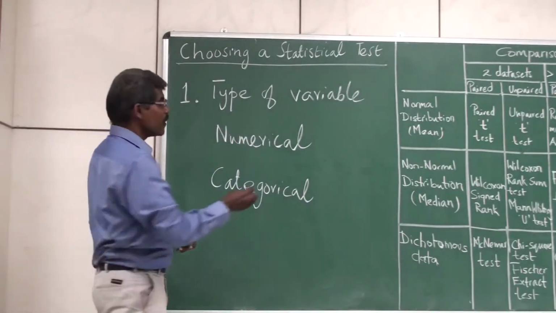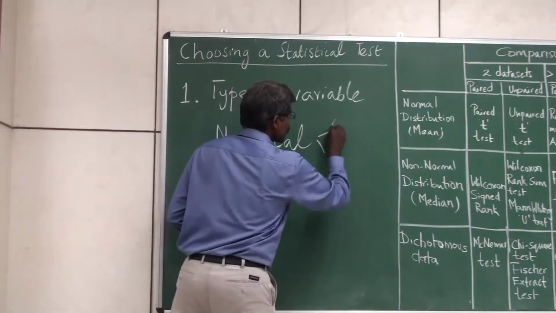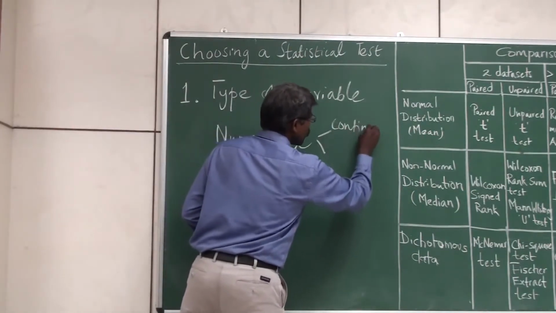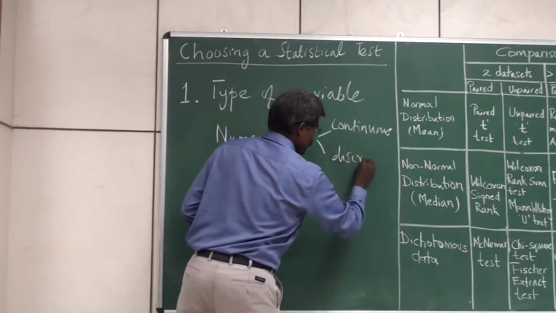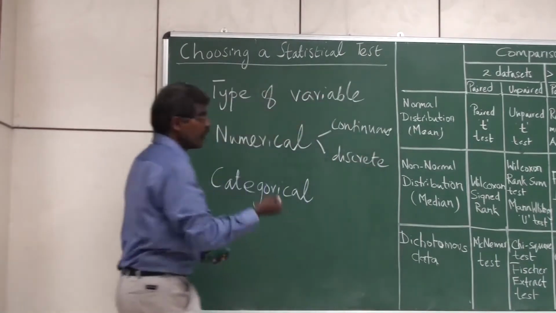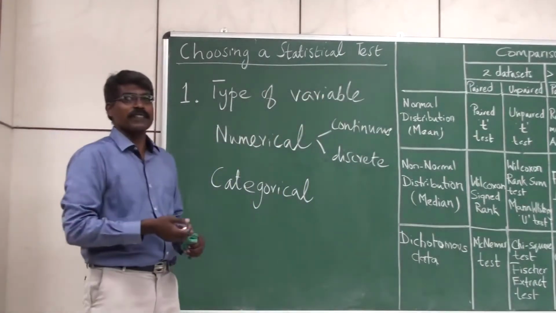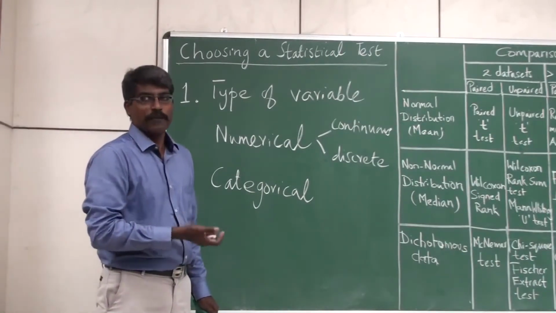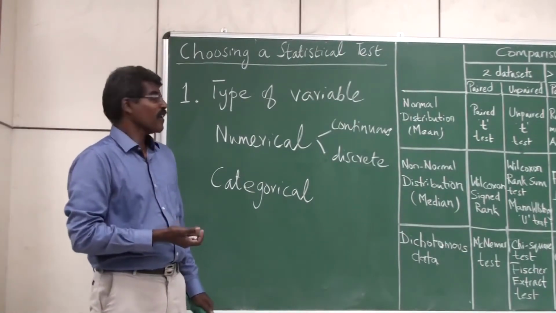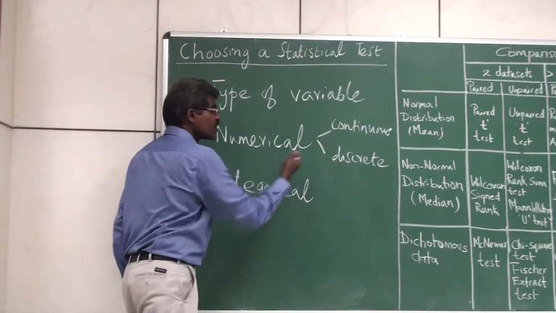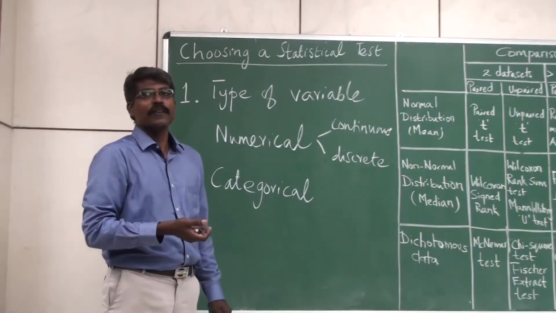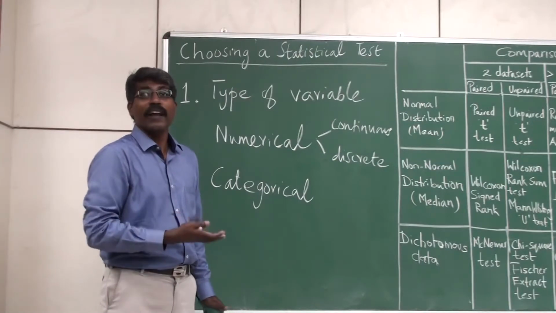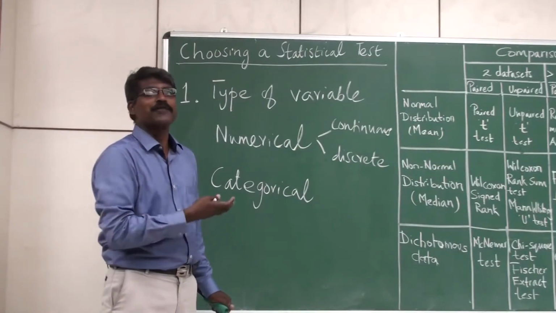Right. Now, numerical again can be continuous or it can be discrete. One example for a continuous numerical variable: blood pressure, body weight. For numerical discrete values: number of people visiting OPD, or visual analog scale measured in a scale of 0 to 100.